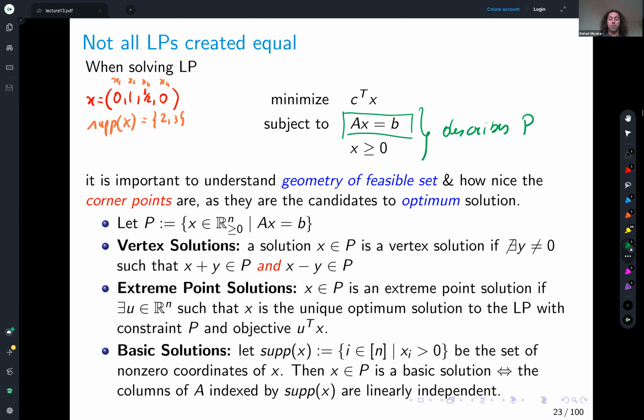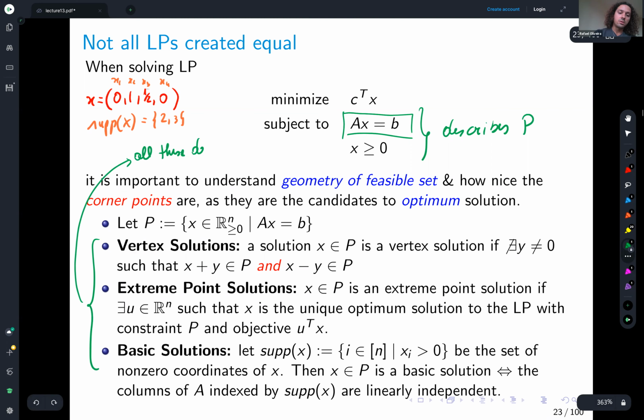And moreover, which is really nice, and I'll leave it as a practice problem, all of these definitions are equivalent, as in they define exactly the same set of points, which are the corner points of our polytope. You can prove that as a practice problem. We can talk about it over office hours.